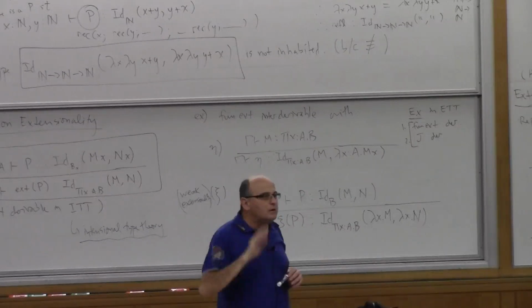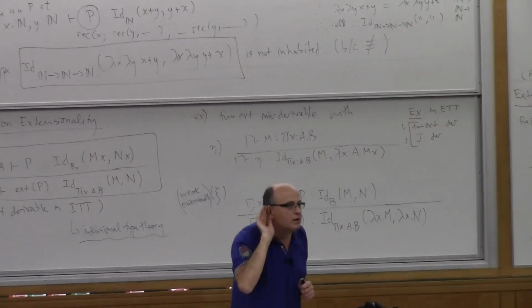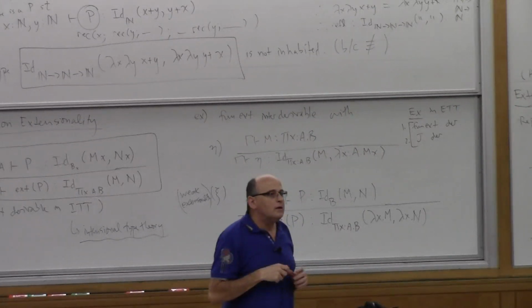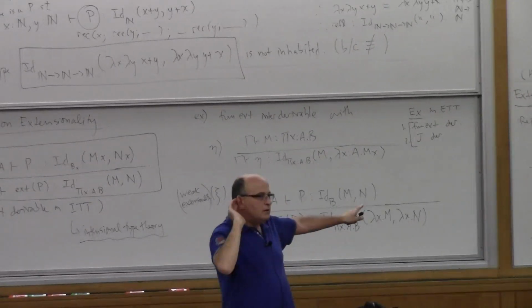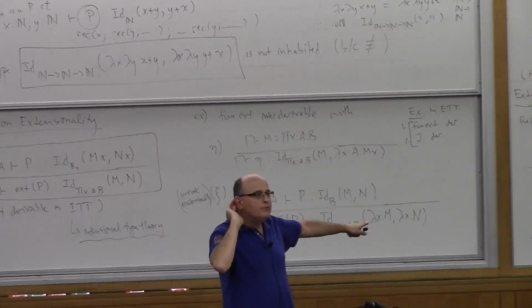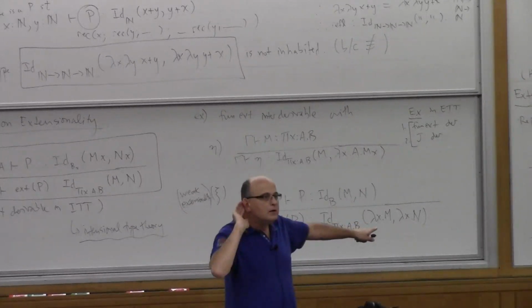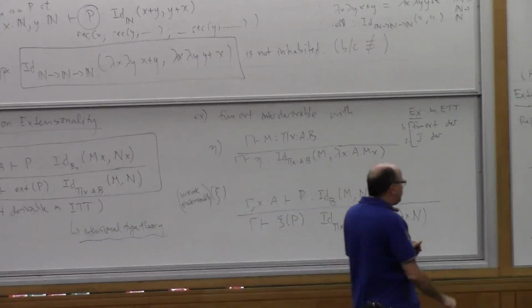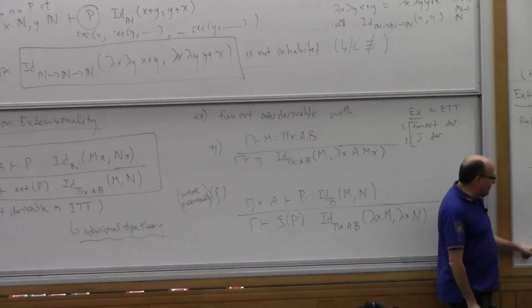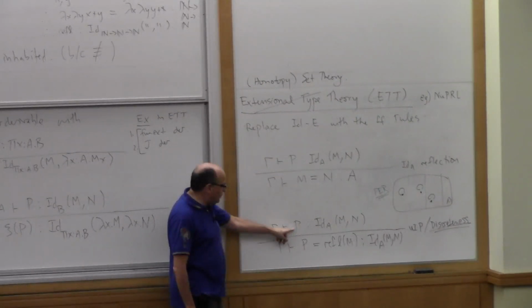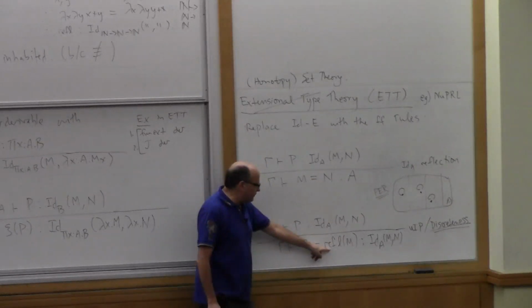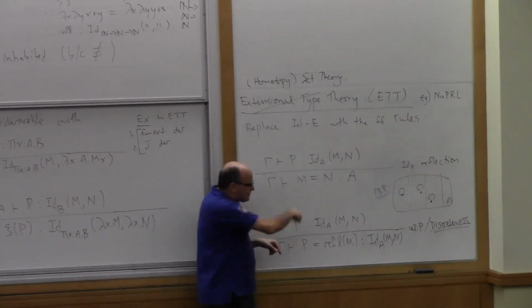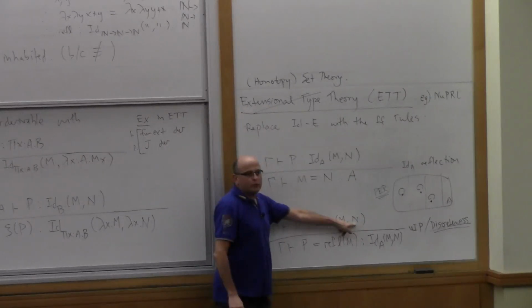But couldn't that rule be added to intensional type theory without the extensionality? I didn't quite catch that. Couldn't that rule, UIP, alone be added to intensional type theory? No, you can't do that. I should have pointed out, this UIP rule only makes sense in the presence of this rule. The reason is, in principle, P is a path from M to N. But if you're claiming it's equal to reflexivity, then you're saying it's a self-loop, that M and N must in fact be equal.